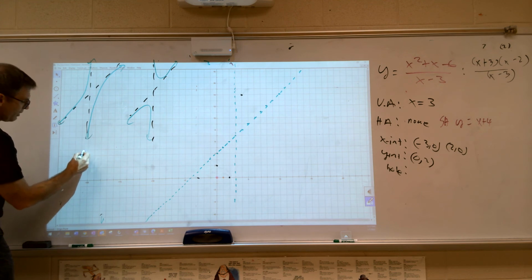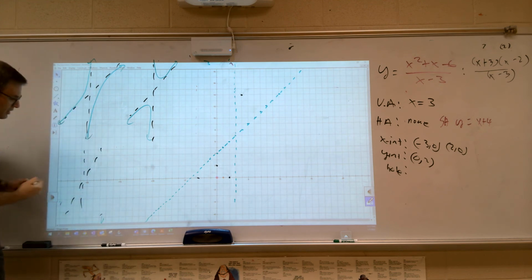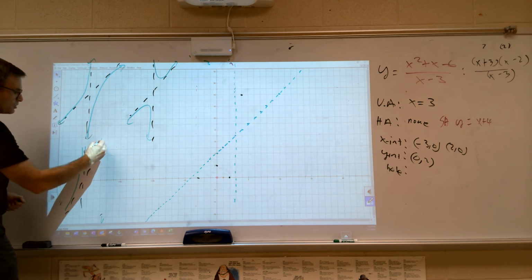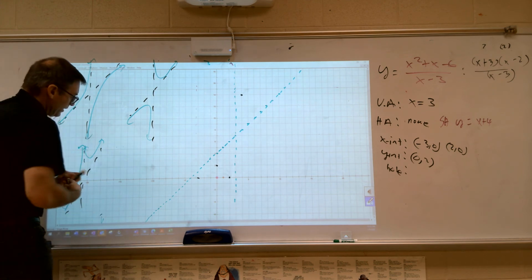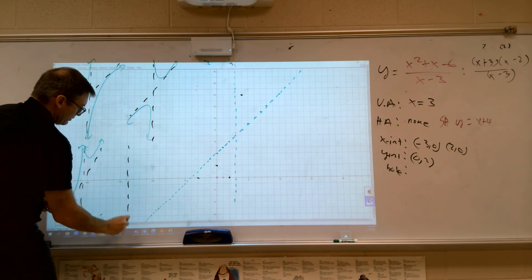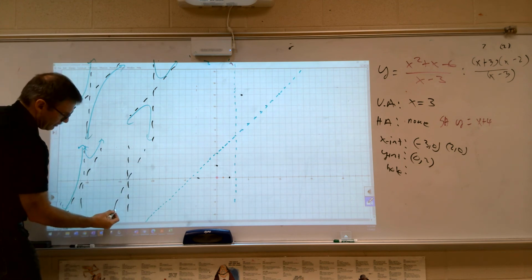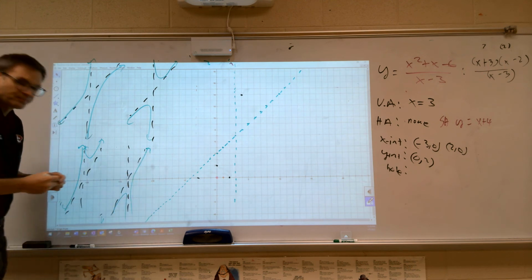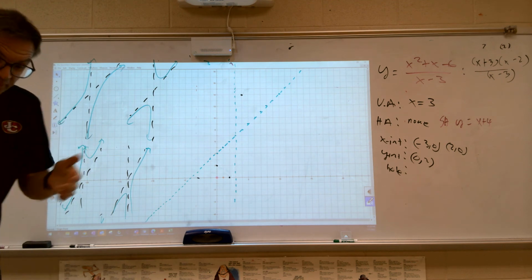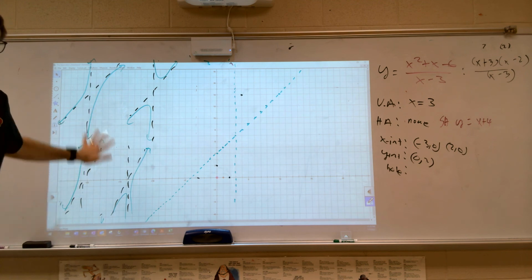Sometimes you get it in the big part and the small part. And sometimes when you have a vertical asymptote and a slant asymptote, it goes on the bottom half of this, and so it looks like this. So whenever you have a slant asymptote, one of these 4 things happen.